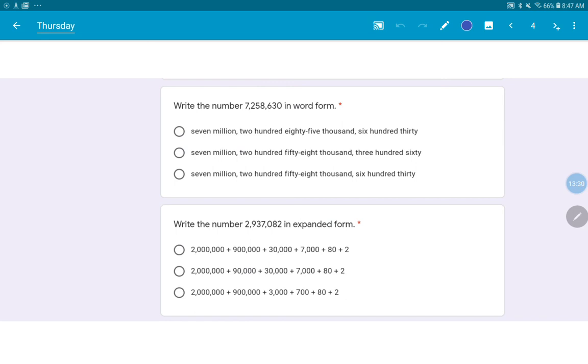All right, 2 more. We've got a number to write in word form. We're going to practice word form, expanded form, and standard form today. If I'm putting that number in word form, I'm going to write the number just like I say it. So I have 7,258,630.